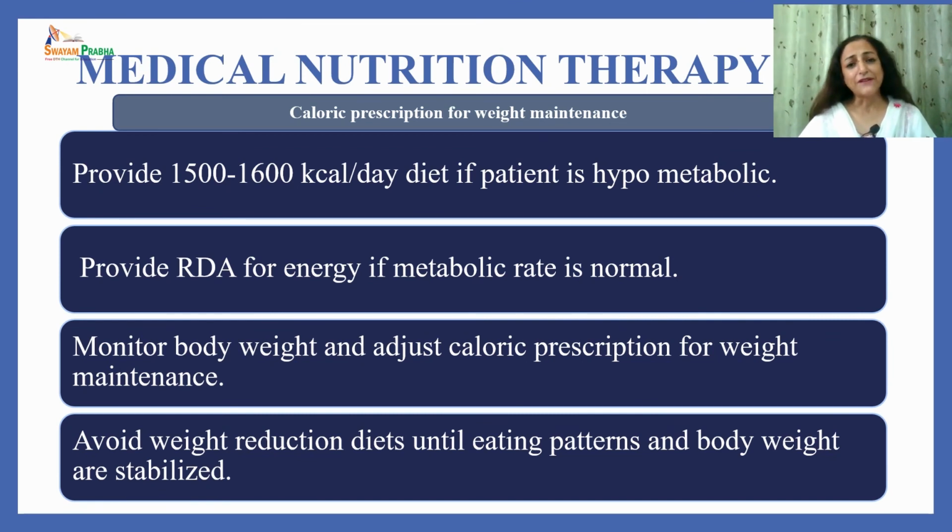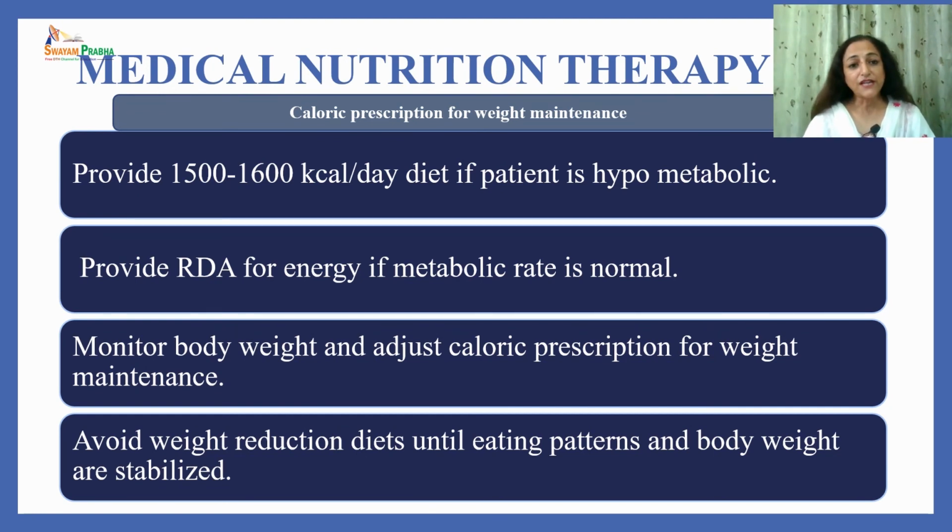When it comes to calorie prescription for the patient of bulimia, initial attempts in this treatment should be aimed at correcting the dietary chaos by breaking that gorging and regurgitation cycle, and stabilizing the weight should be aimed at in the beginning.